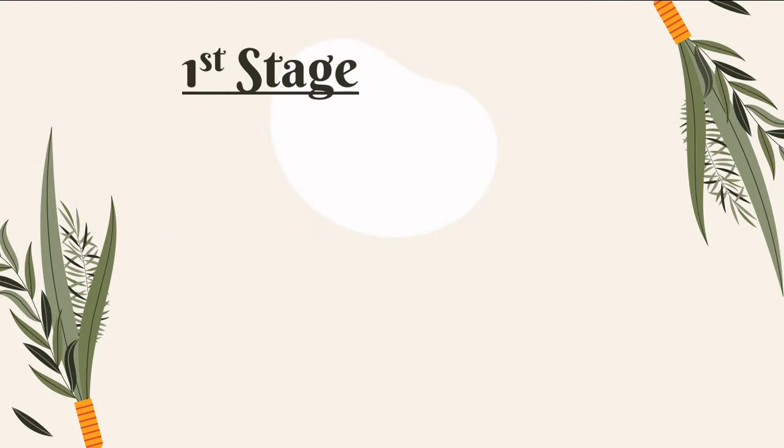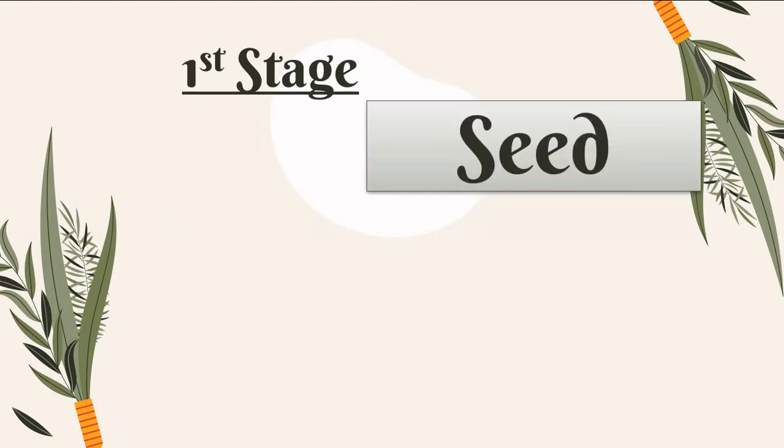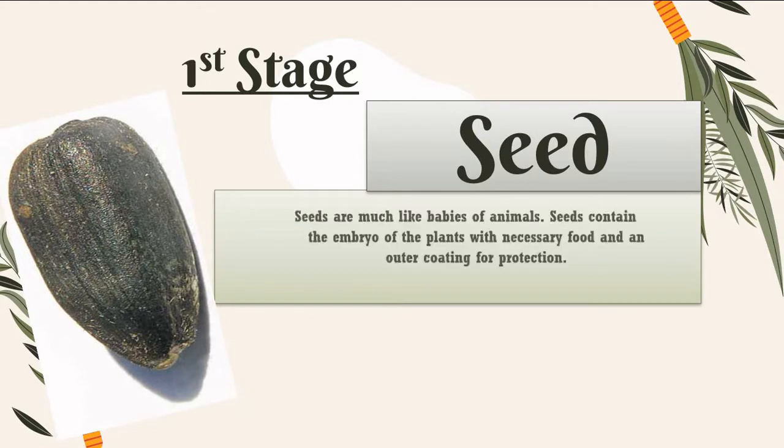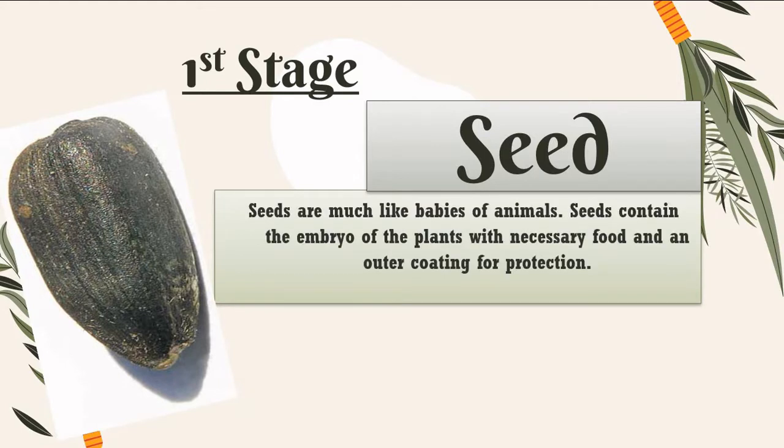The first stage is called seed. Seeds are much like babies of animals. Seeds contain the embryo of the plants with necessary food and an outer coating for protection.